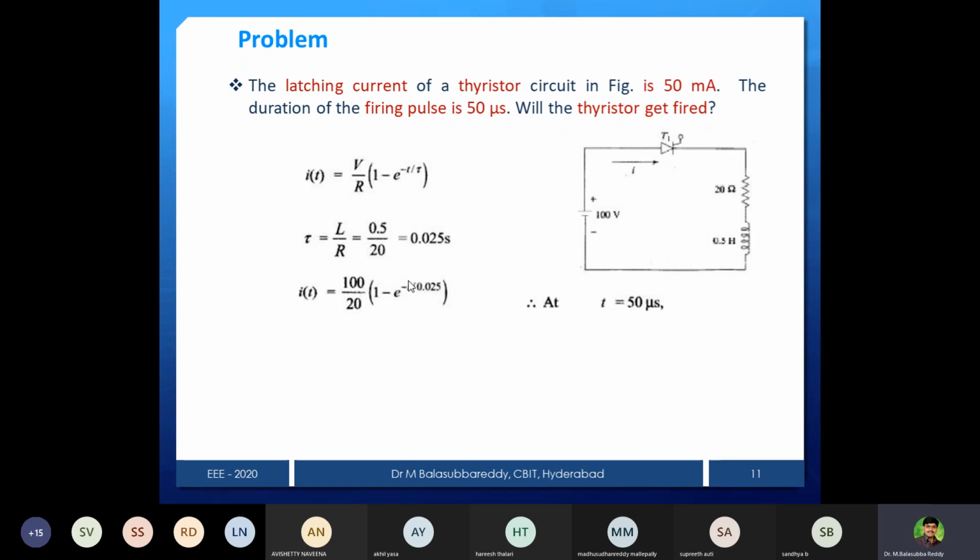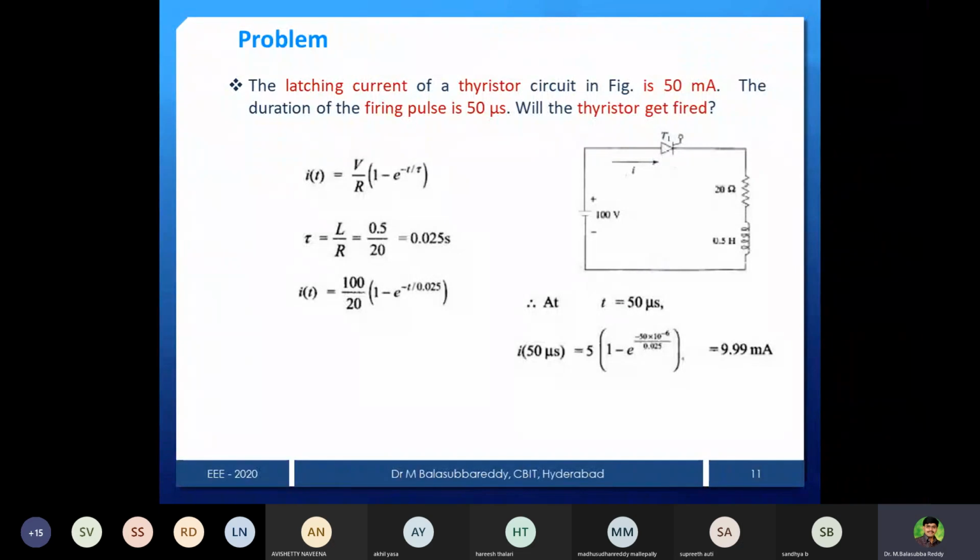Here t is also given: the firing pulse is 50 microseconds. Substitute 50 microseconds there and you will get the current, which is 9.99 milliamperes. From this we can easily state whether the thyristor is fired or not.